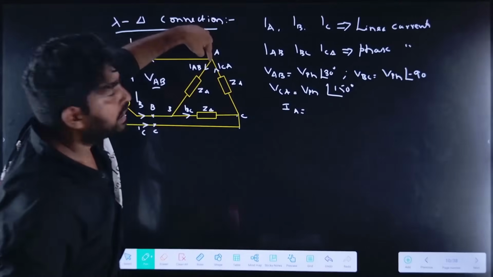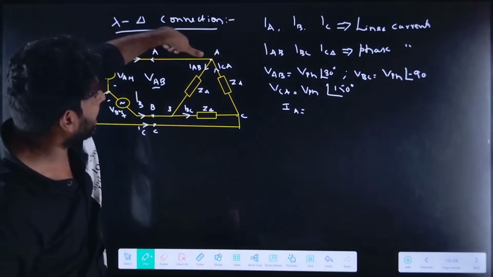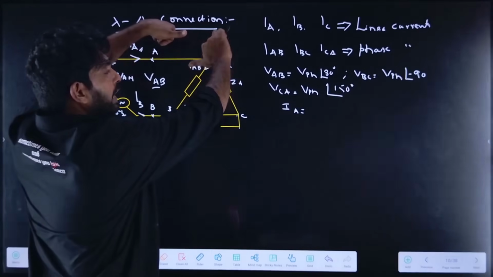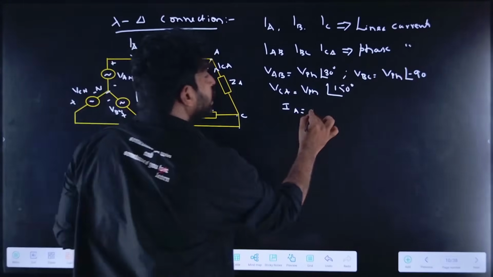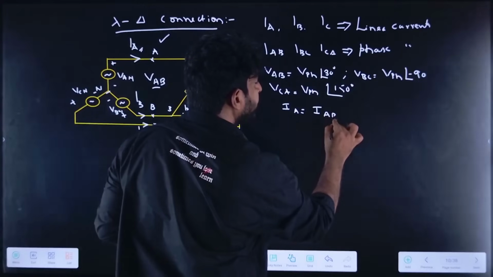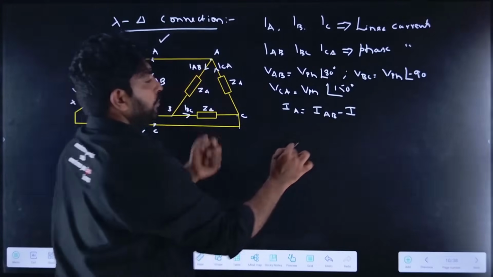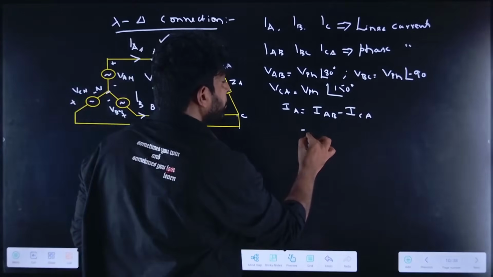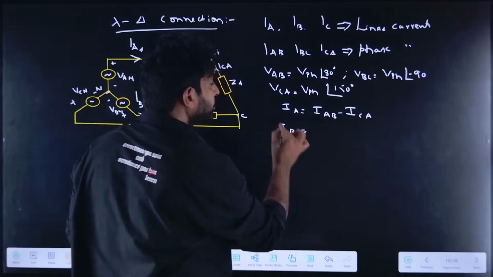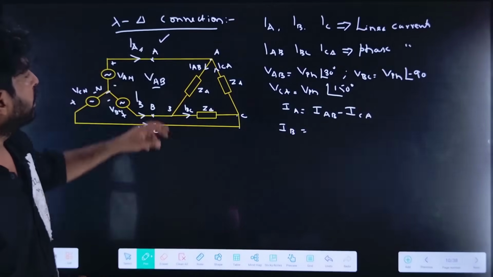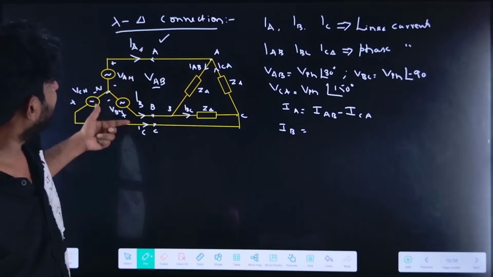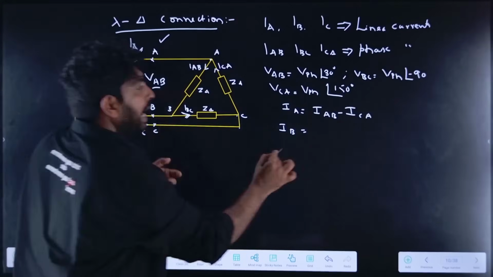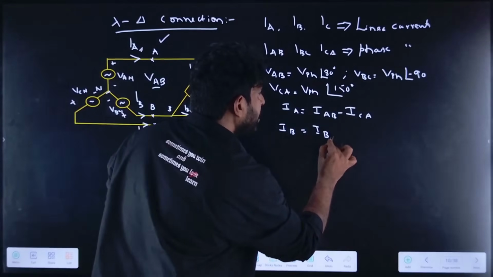Assume this node: IA is approaching and ICA is approaching, both are incoming currents, and IAB is the outgoing current. So IA is equal to IAB minus ICA. Similarly, IB equals IBC minus IAB.